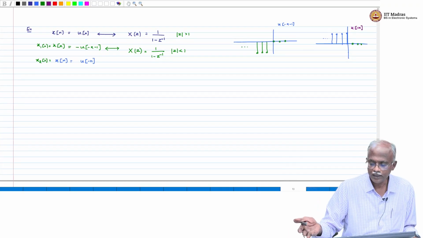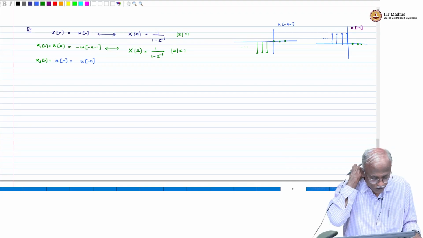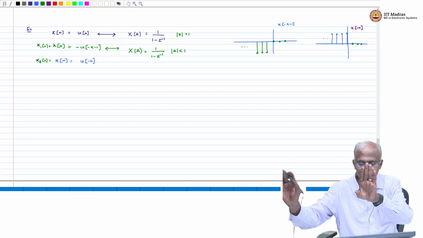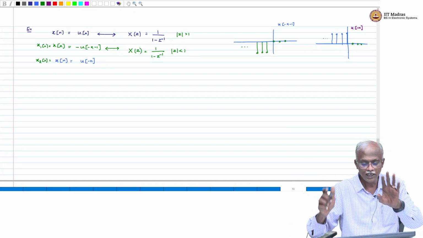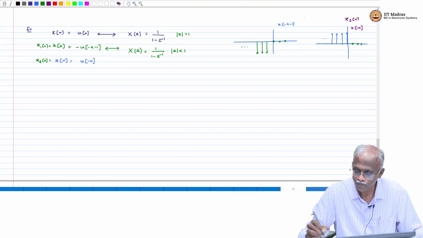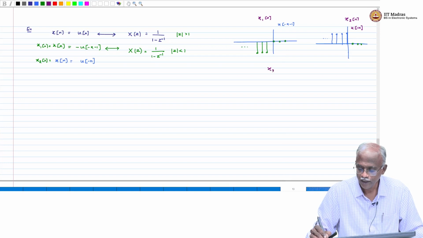And you can easily write down the expression. But what I want you to do is to think of what is the relationship between these two sequences. So if this is x2 of n, and this is x1 of n, tell me what is the relationship?